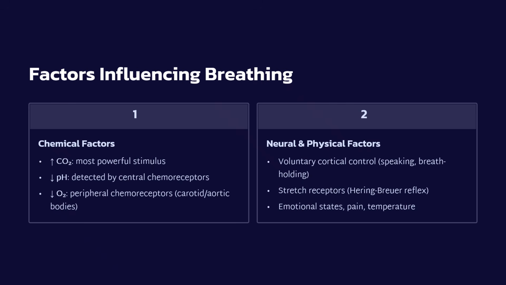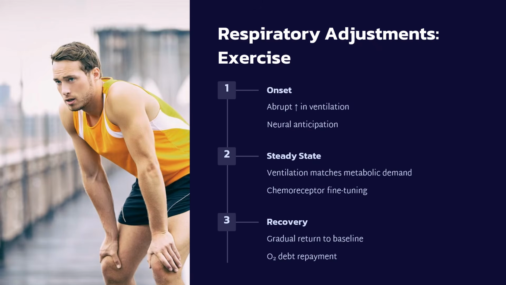For your neural and physical factors, we have your voluntary cortical control, for example your breath holding, your stretch receptors, and your emotional states, pain, and temperature. So what are the respiratory adjustments, especially when we exercise? The onset is very abrupt, and we have your neural anticipation with that.